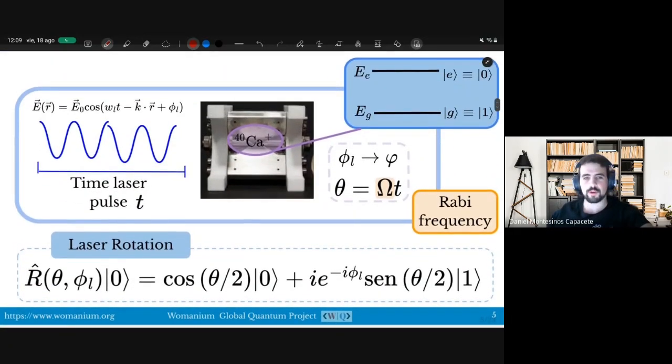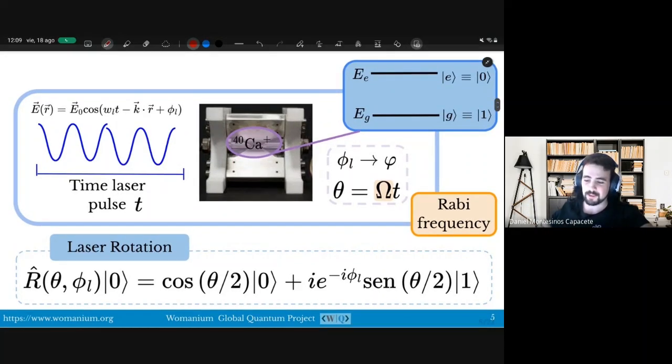What we are going to do now, and I know this slide has a lot of things, but I will explain step by step, is we're going to be working with an ion of calcium, right? Concretely, calcium 40. This will be the ion that we'll be using.